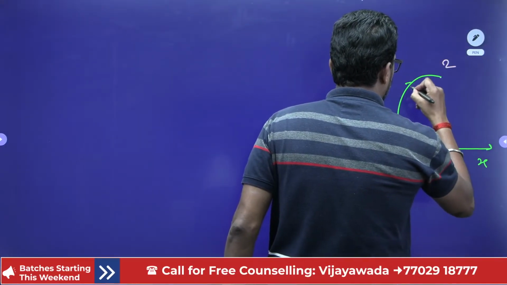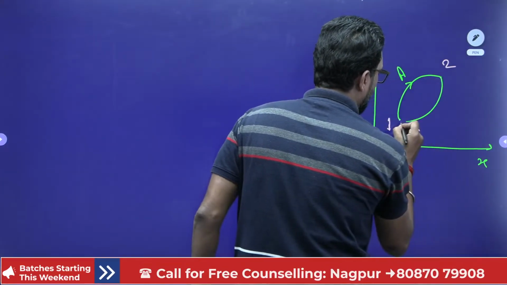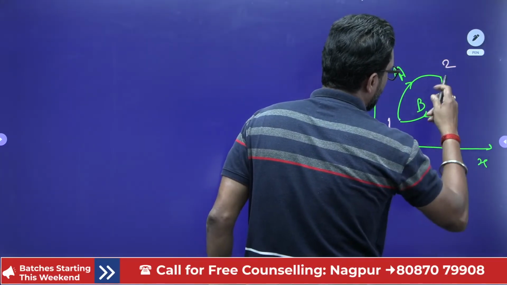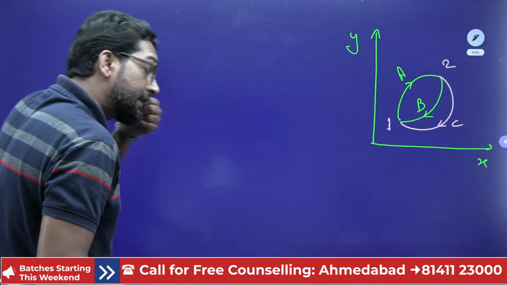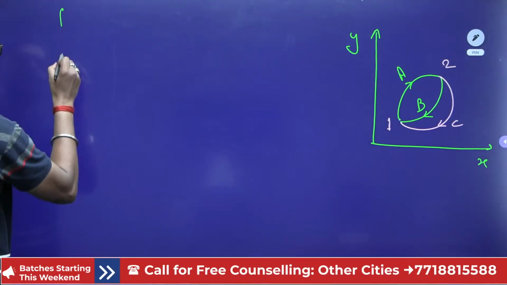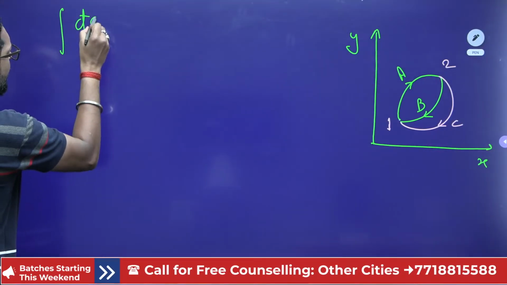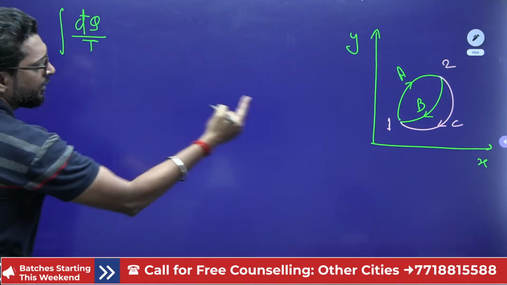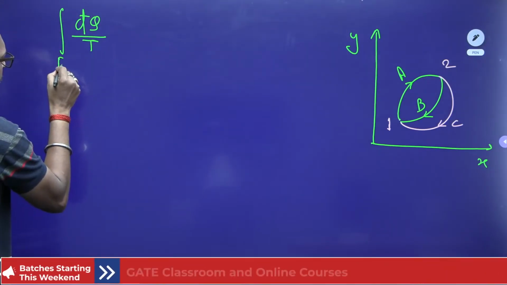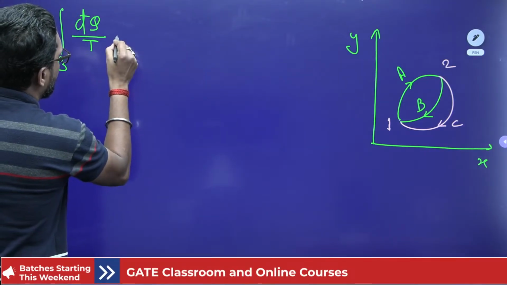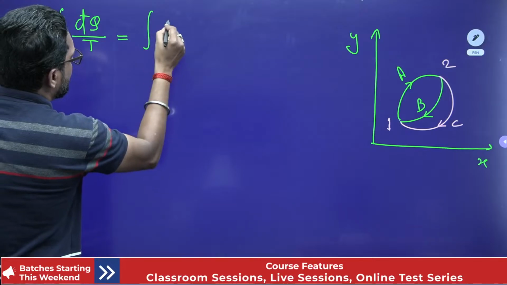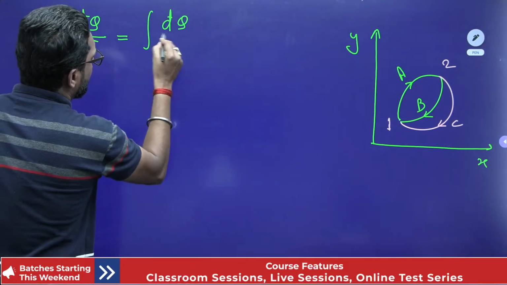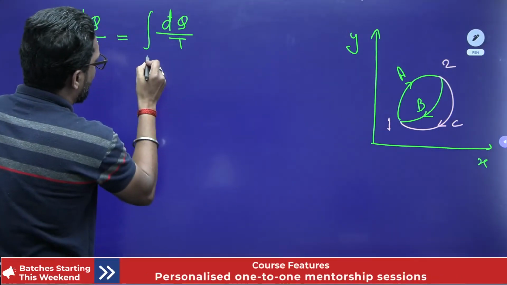This is process A, this is process B, this is process C. So we can say that the quantity dq by t via path B and the quantity dq by t via path C are the same.